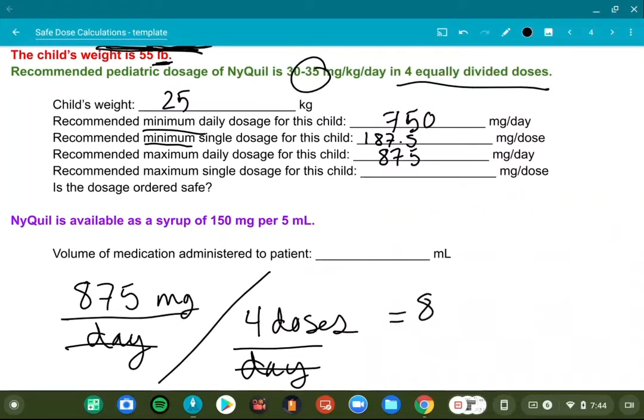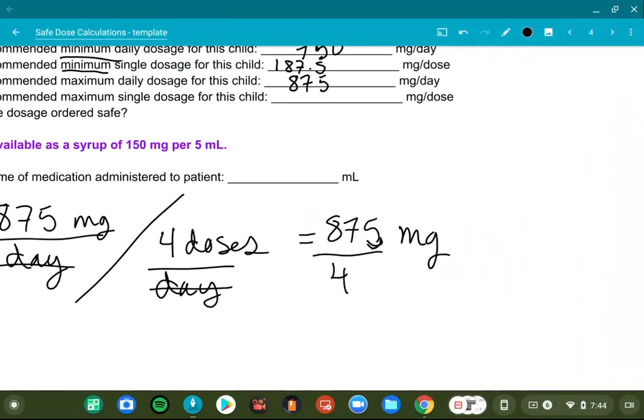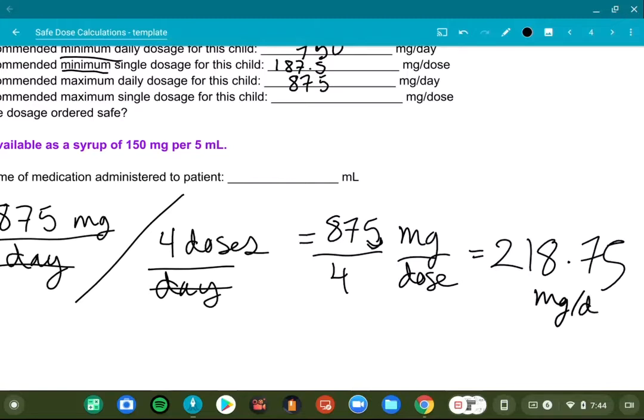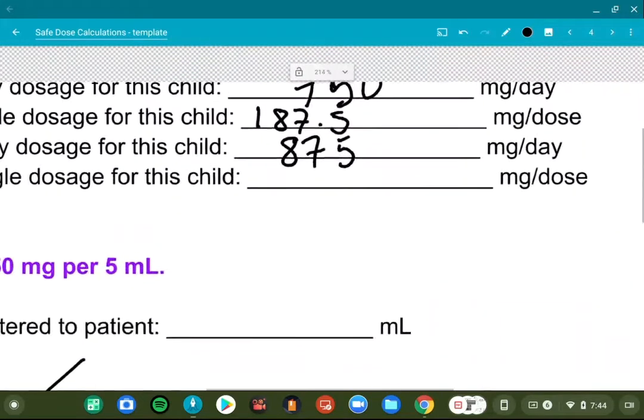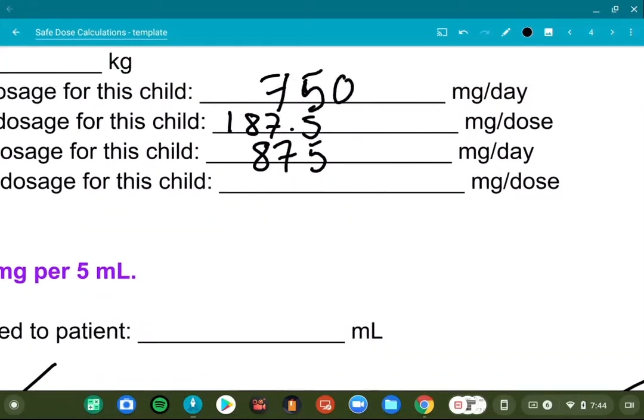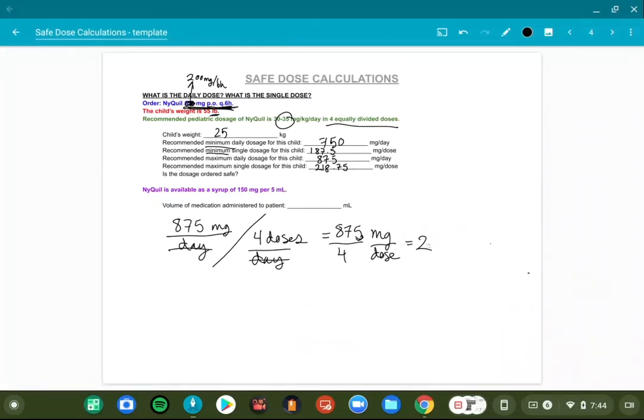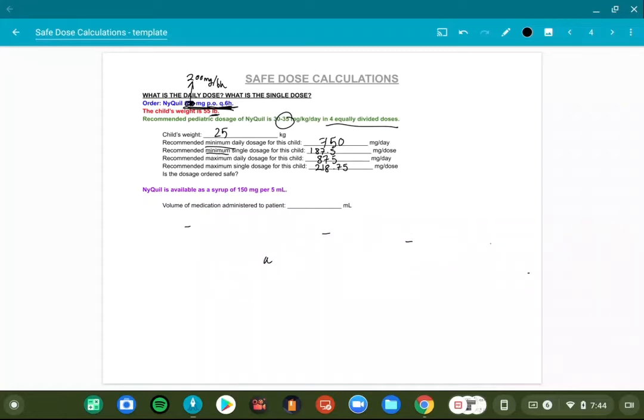So we have 875 divided by 4 milligrams per dose, which is 218.75 milligrams per dose. This is the maximum single dose that you can give. That's the maximum amount of syrup you can give the kid in the cup at a time, every 6 hours. So if we were to go ahead and answer the question, is this dose safe? Let's make that little line again.